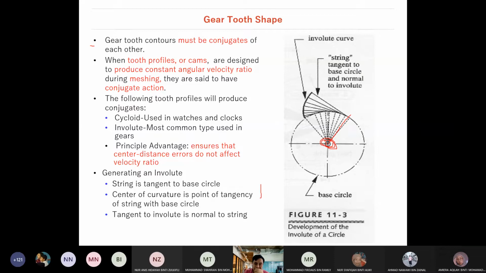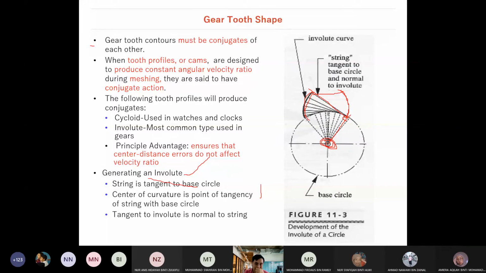Dia akan buat satu tangent. Sebab why tangent? Because the power is transmitted through the tangent. So bila awak buat ni, at the end of the day awak akan dapat this profile, dan awak akan dapat satu lagi profile kat sini. Itulah sebenarnya how to draw the teeth.